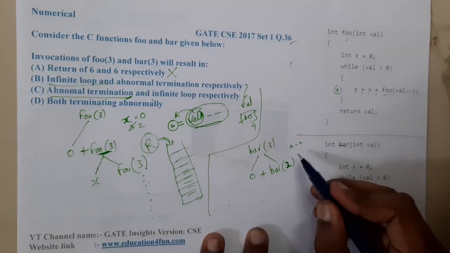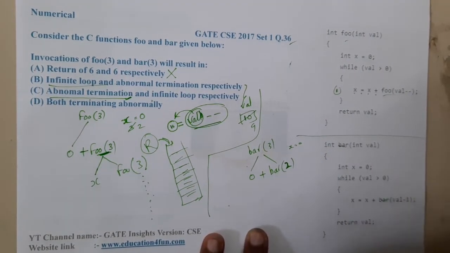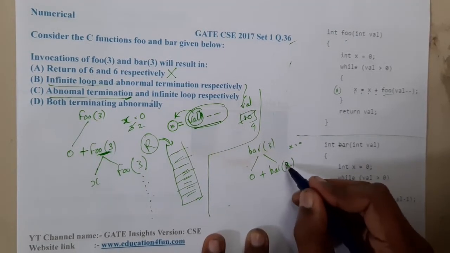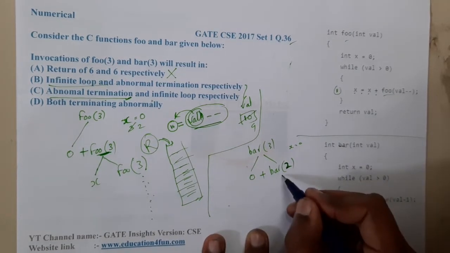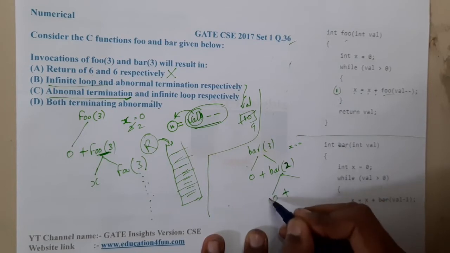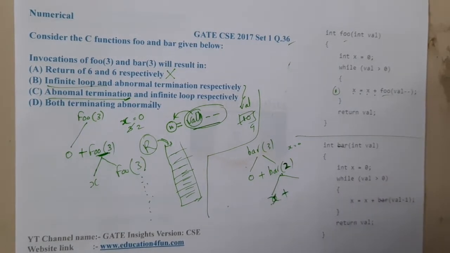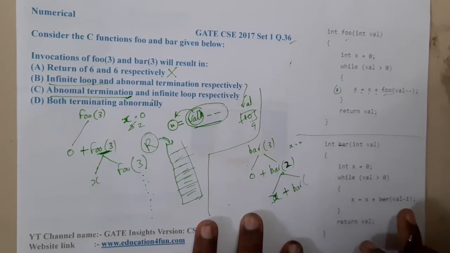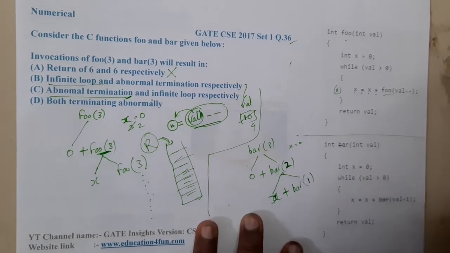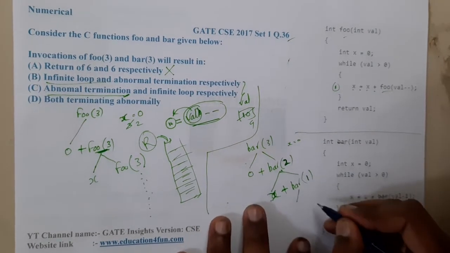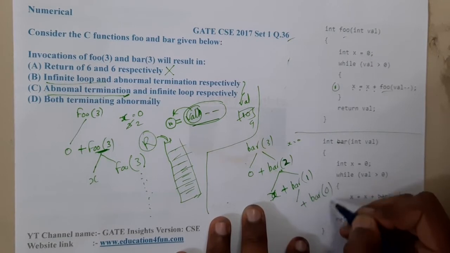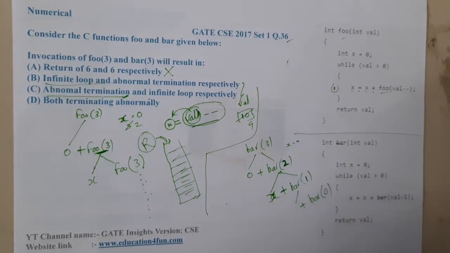Again you decrement and call with another value. So x plus bar of the value, again decremented to 1. Then again you decrement it to 0.